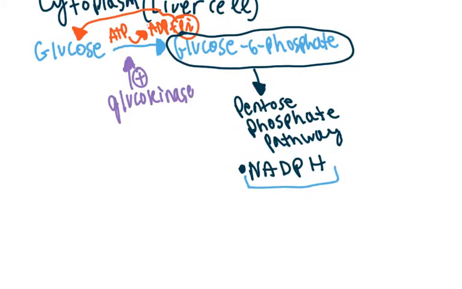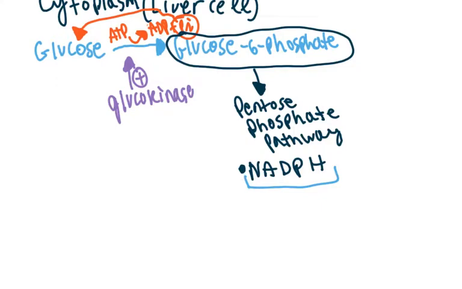We discussed this in the glucose 6-phosphate dehydrogenase anemia video. If we don't have enough NADPH due to a deficiency in the glucose 6-phosphate dehydrogenase enzyme, we can get G6PD deficiency anemia, so go check that video out.